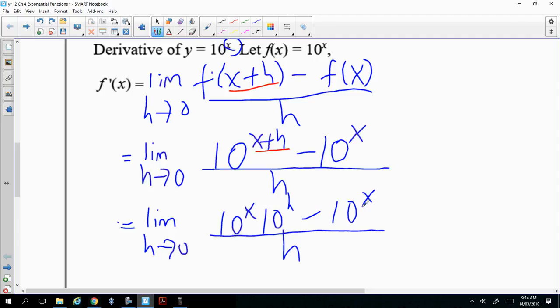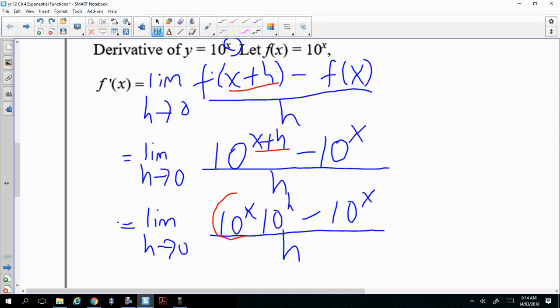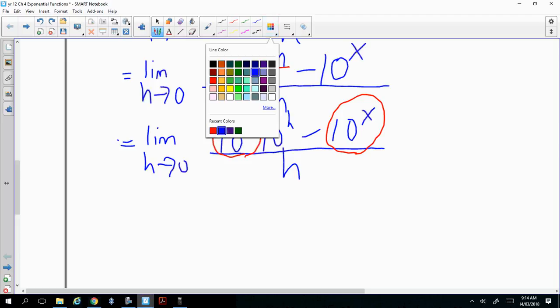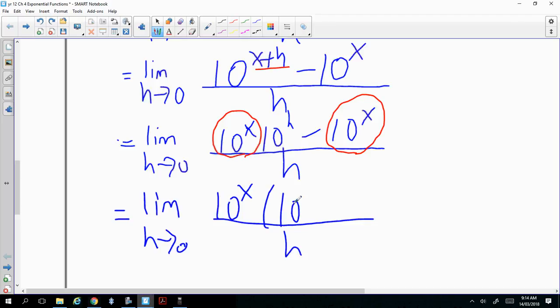And then we're going to factorize a common factor. Hopefully you can see the common factor is 10 to the power x, which we are going to factorize out. So limit h approaches 0, 10 to the power x factorized, 10 to the power h minus 1, over h.